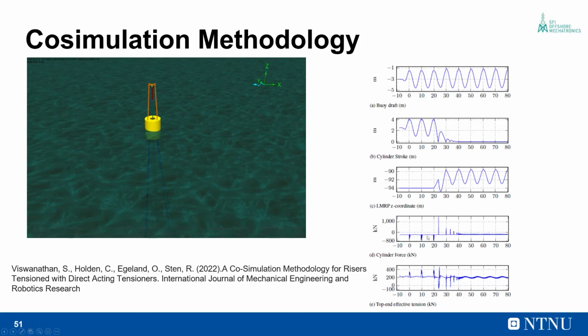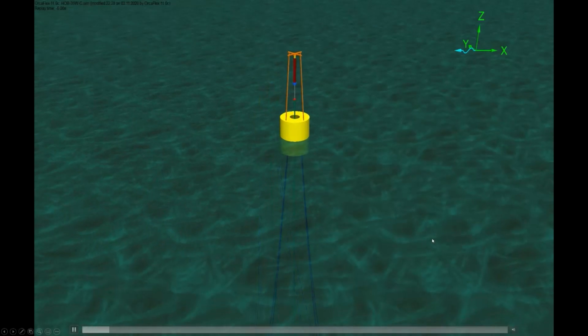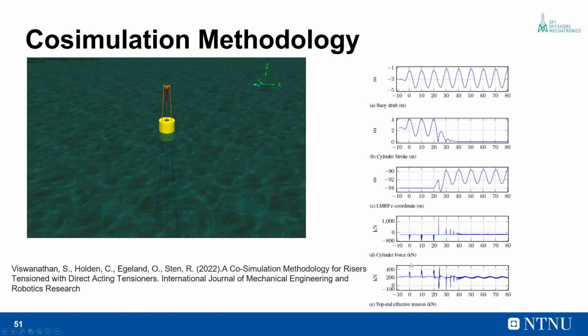This is shown by the Simulation X results, where if you look at the cylinder force, we see this sudden compressive force on the gland end of the cylinder. And corresponding to that, if you look at the Orcaflex results, the effective tension on the top end of the riser is seen to spike as the cylinder hits the gland end.